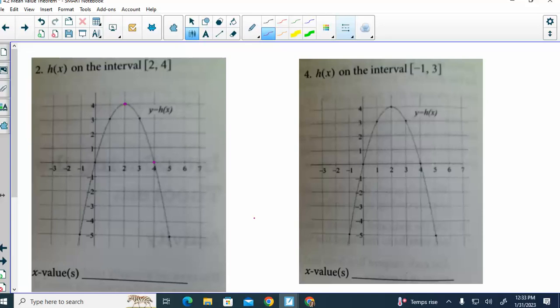If you drew the line between those, can we see that there would be somewhere between 2 and 4 where the tangent line would be parallel to this? We're trying to give it our best guess. Right there? Those two kind of look parallel. Is this exact? No, but I'm just trying to show you what it means.